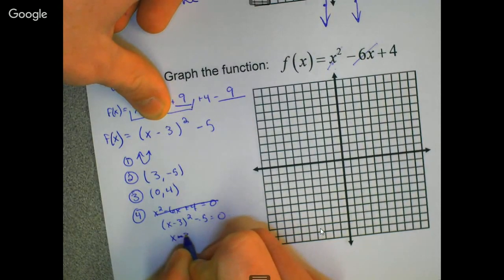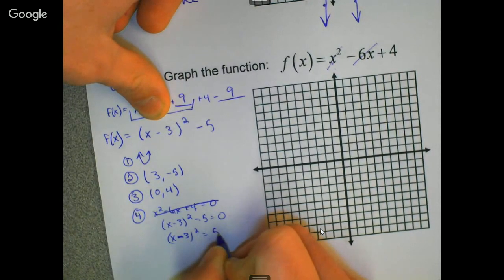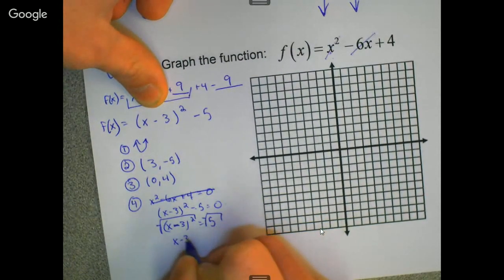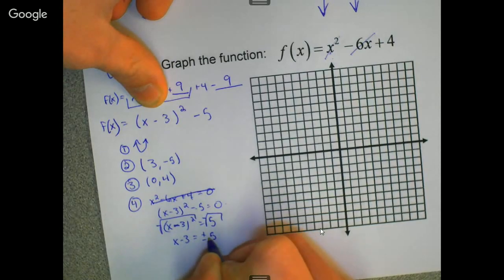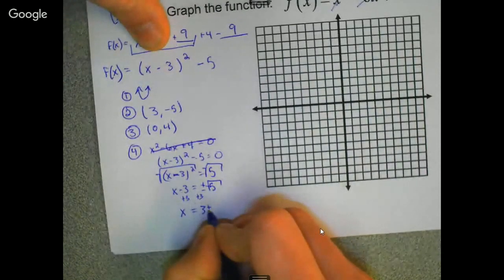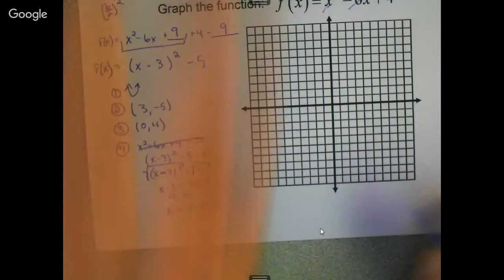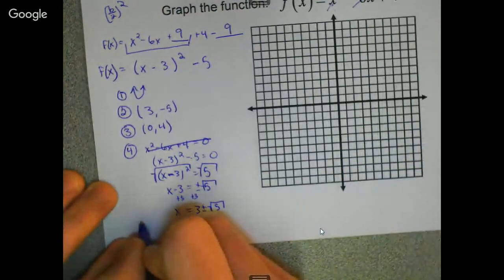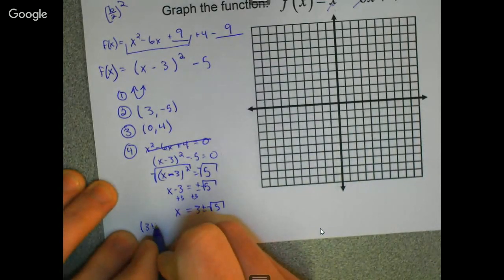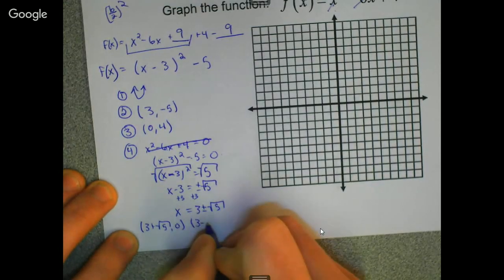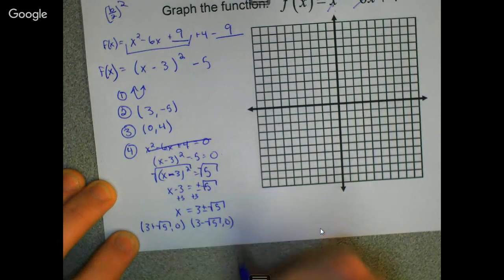So (x minus 3) squared equals 5, square root, x minus 3 equals plus or minus radical 5, add 3. So x equals 3 plus or minus the square root of 5. So my x-intercepts are (3 plus radical 5, 0) and (3 minus radical 5, 0).